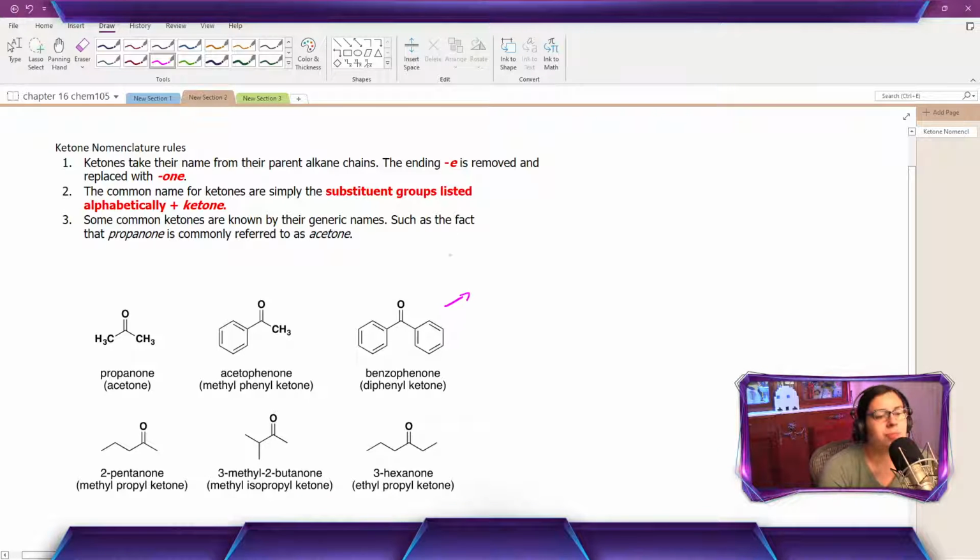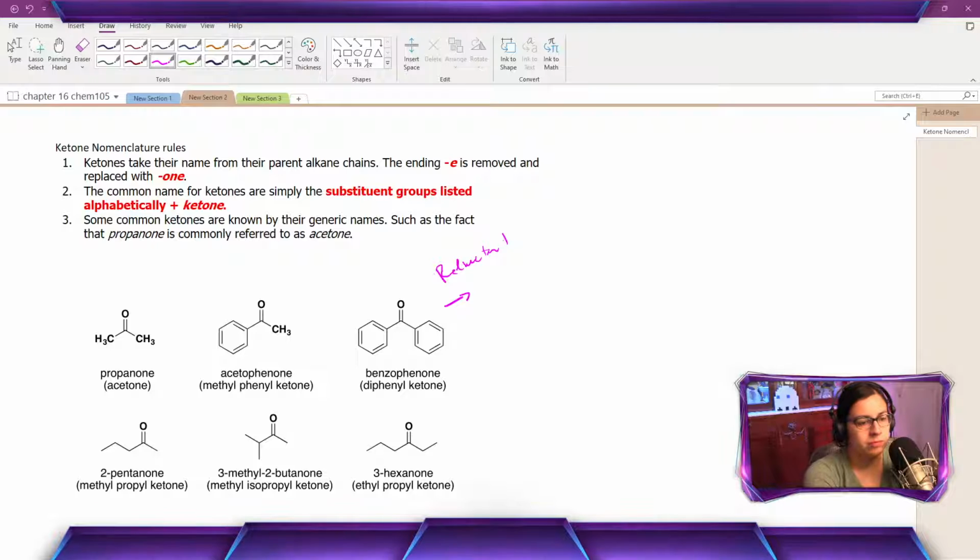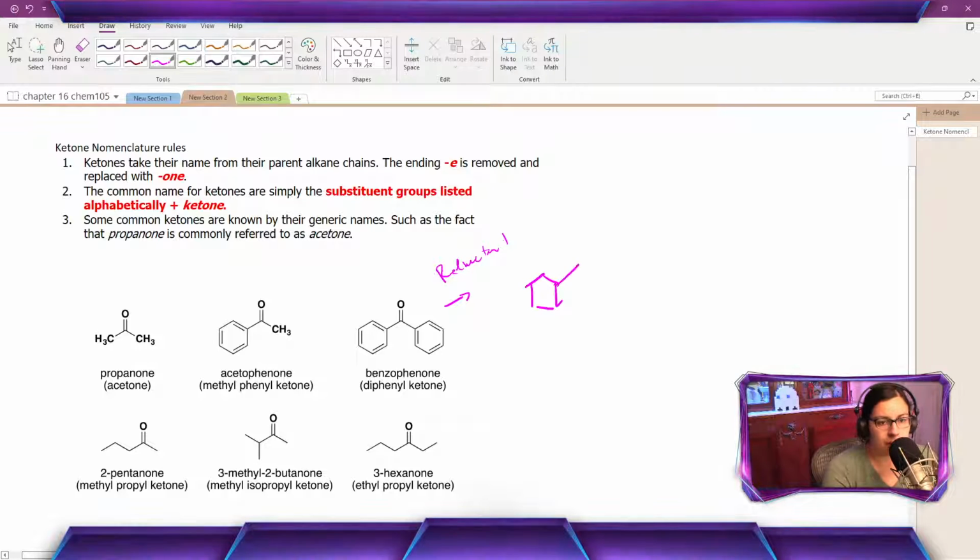So this benzophenone, in the presence of a reductant, forms this benzophenone radical. The sodium adds a proton here, and so it makes this compound.